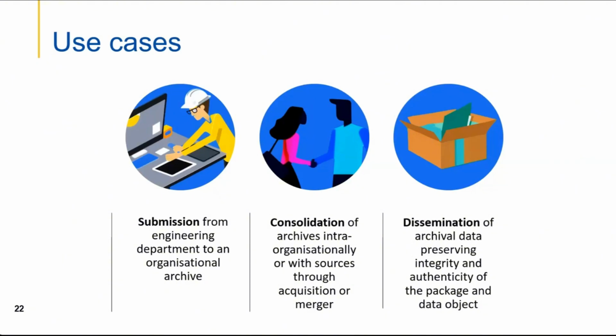And lastly, of course, the dissemination of archival data, preserving the integrity and authenticity. And this is an interesting one because, again, within this domain, the main objectives of dissemination are either to get knowledge about older products, so somebody designing a new product may want to go back and look at the design for a previous product.